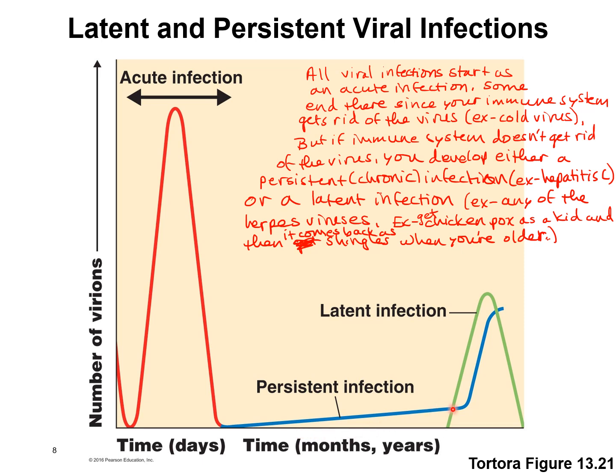And then what happens at the end is that you're pretty sick, and the immune system is going down, and the virus levels really go up as you're not doing well at the end. Okay, so understanding what this graph is saying and what those types of eukaryotic viral infections mean is really important.